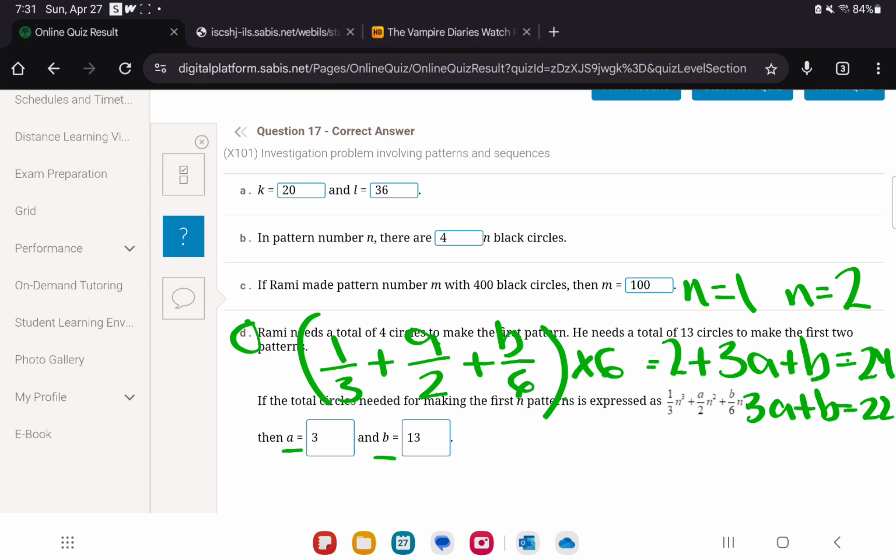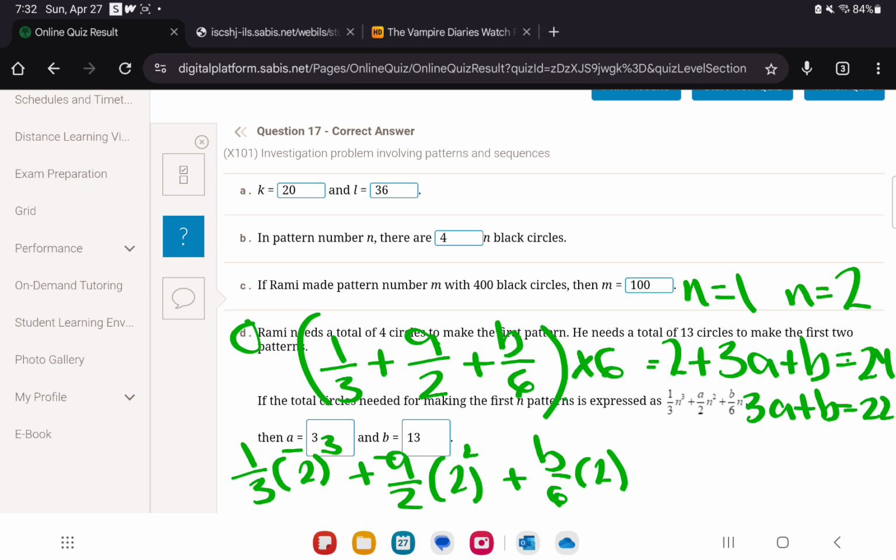Now let's find n equals 2. So 1 over 3, 2 cubed, I'm just going to keep it as 2 cubed, plus a over 2, 2 squared, and then plus b over 6, 2. You simplify all of this, and it's also equal to 13 because they're saying the two patterns is 13, okay?